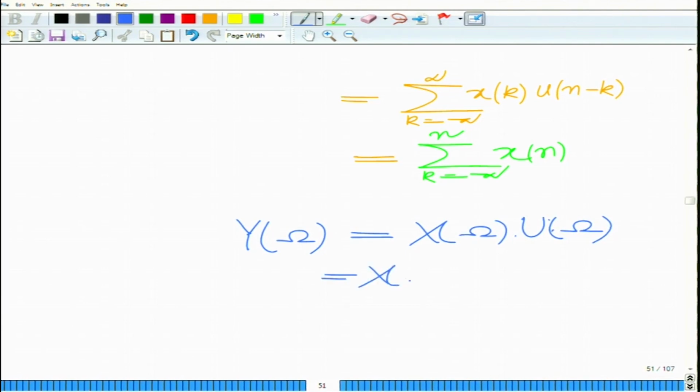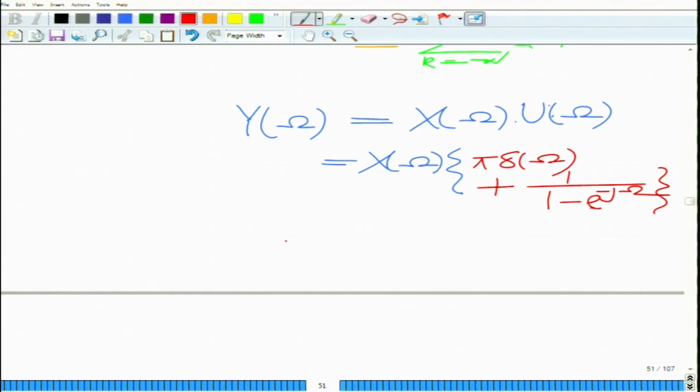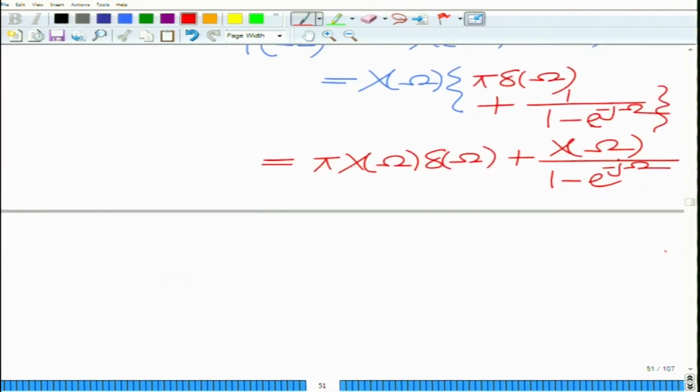We have derived the DTFT of the unit step function U of omega, given as pi delta omega plus 1 over 1 minus e raised to minus j omega. So, this is pi times X of omega times delta of omega plus X of omega over 1 minus e raised to minus j omega.